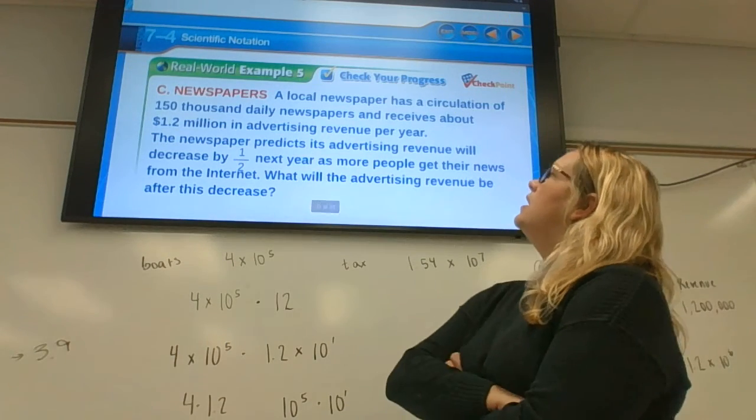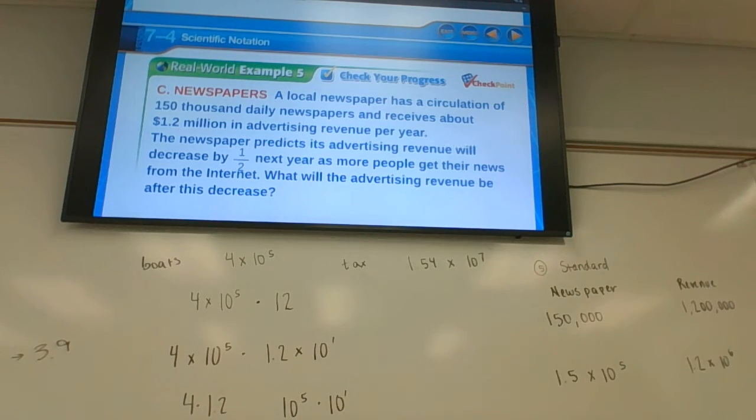All right, so a local newspaper, same data, you guys be quiet, same data. The newspaper predicts its advertising revenue decreases by half next year because people are reading on the internet. What will the revenue be after the decrease?